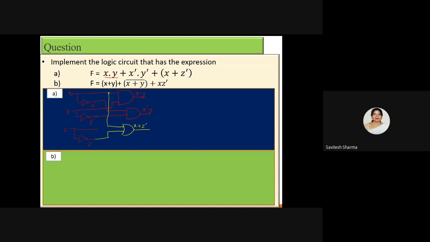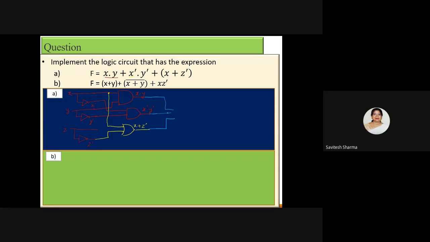Now all three terms, XY, X bar Y bar, and X plus Z bar, are connected with the plus sign. There are various ways to show the OR operation. Either you join two lines at a time, or if you have a 3 input OR gate, you can show a 3 input gate.